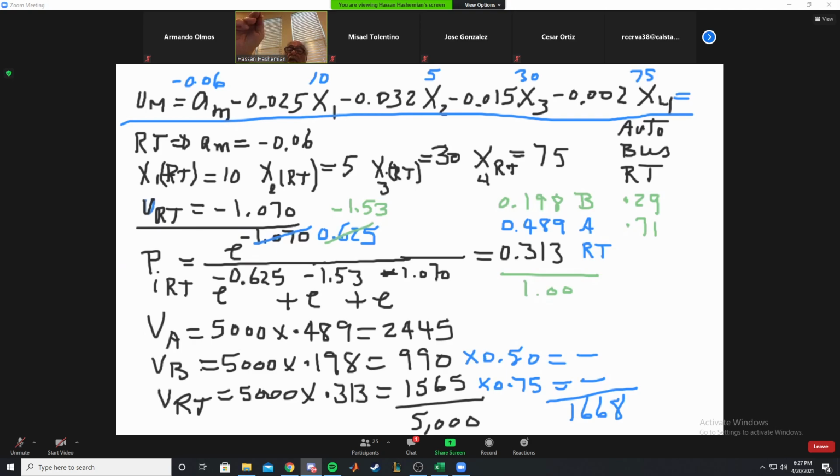All you have to do is just replace them, calculate what the utility of auto is, what the utility of buses is, what the utility of rapid transit is, and put them into this equation here. Then calculate the probabilities. And if I give you total volume, you can figure out how many cars are going, how many rides are going by auto or rapid transit, and so on.